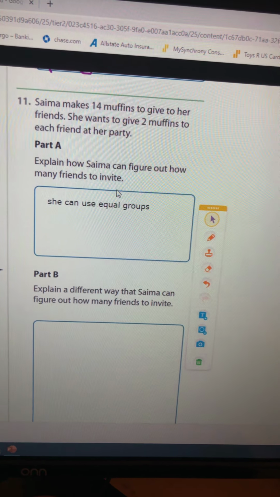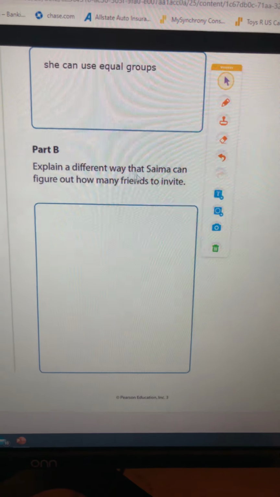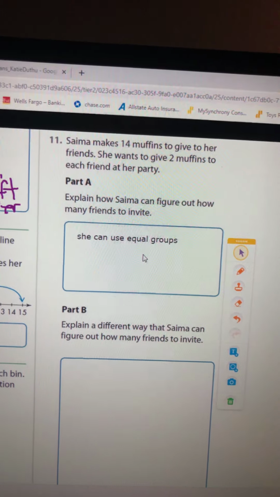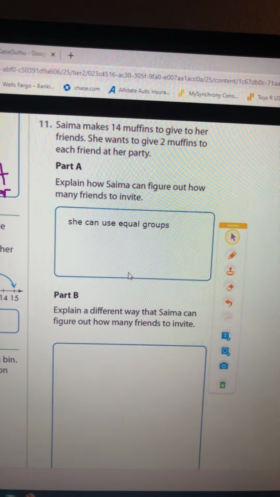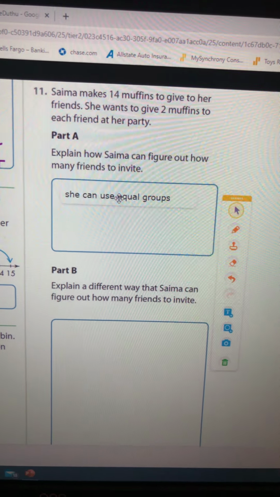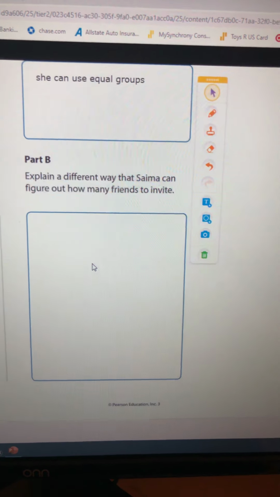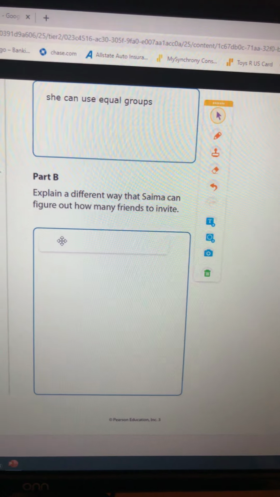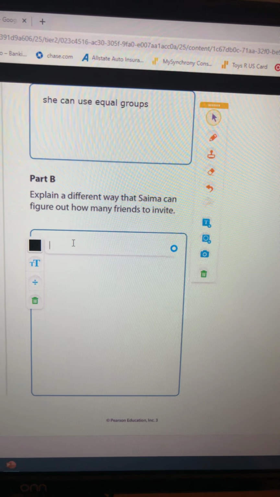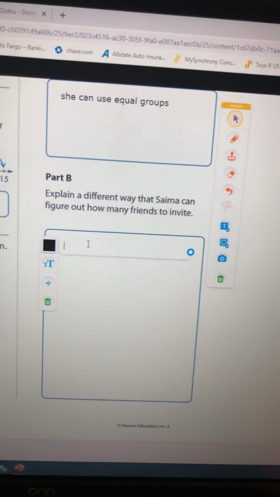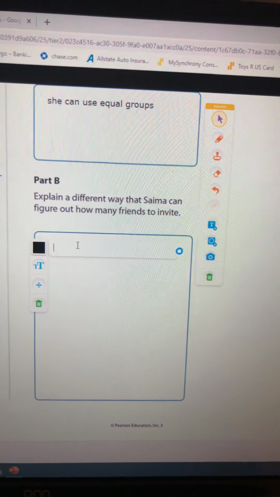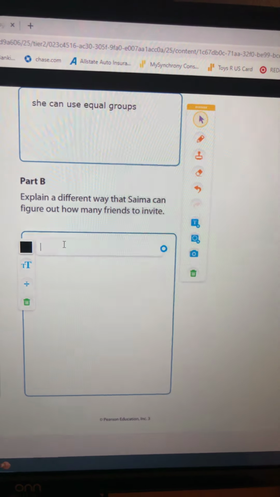So we did part A. Explain a different way that she could figure out how many friends to invite. Okay? So equal groups was our first way, and it says explain. It doesn't say solve. So we're going to do exactly what they say. All right. So what's the other way that we used to figure out how to share? Equal groups was one. And the other one was the other way to figure out division.